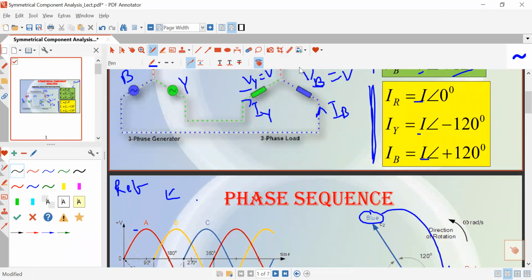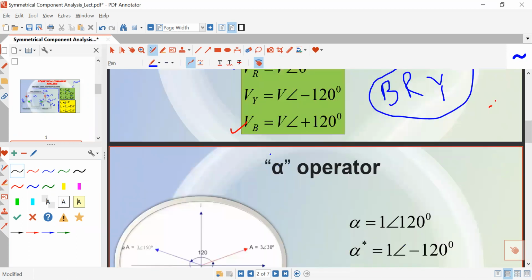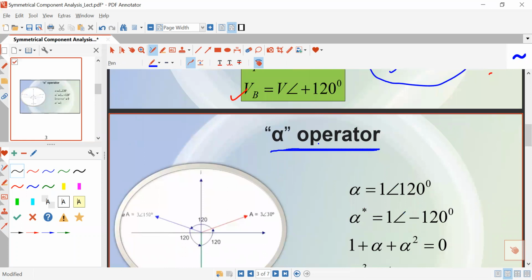And another thing, one most important thing is the alpha operator, which is very essential to understand this unit. Alpha is basically a vector of magnitude 1, and its angle from the reference is 120 degrees.